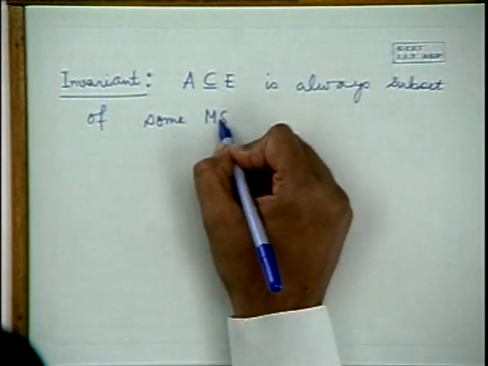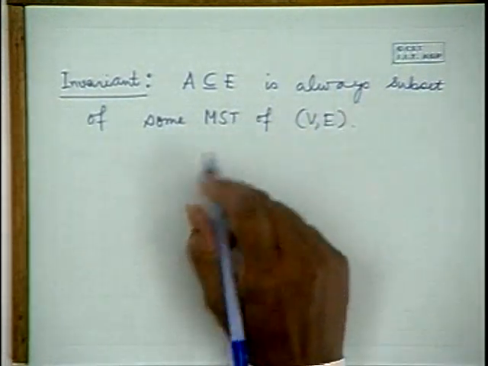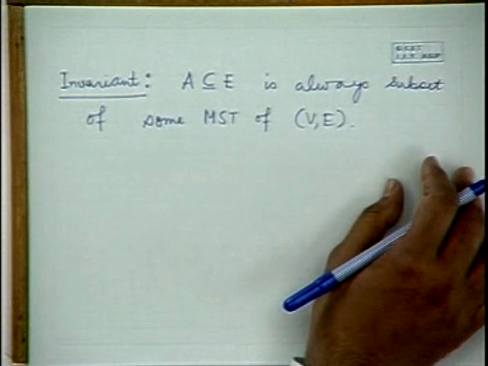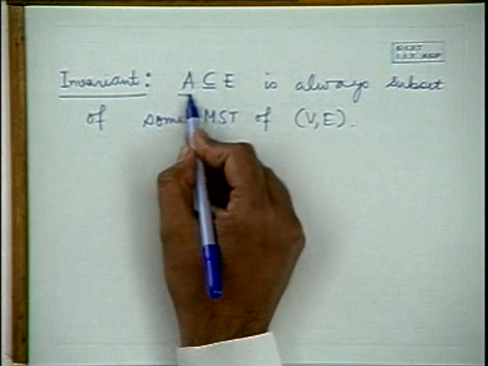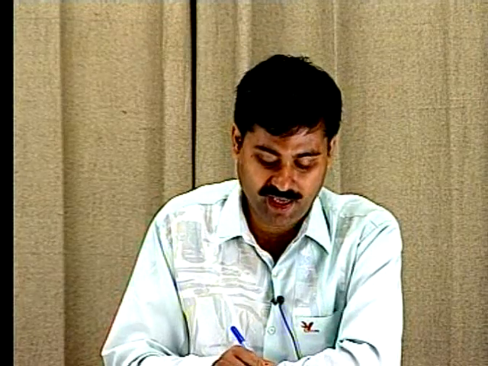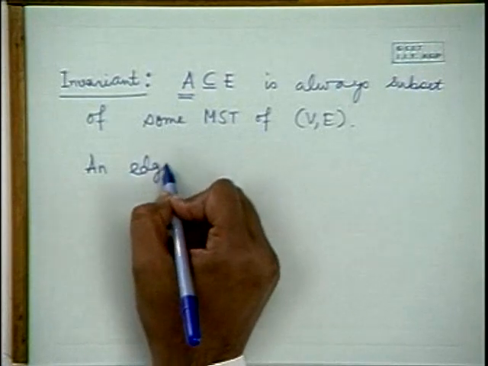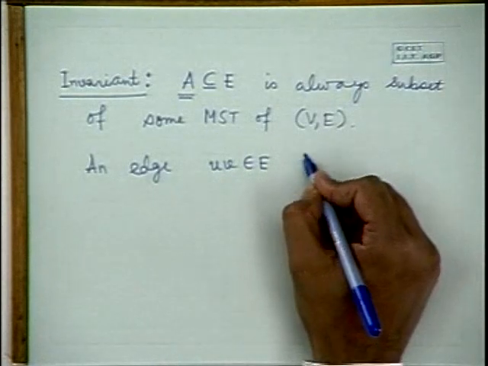This is our invariant which will be maintained by the algorithms. With respect to this set A, we are going to define something. An edge (u, v) is called safe.